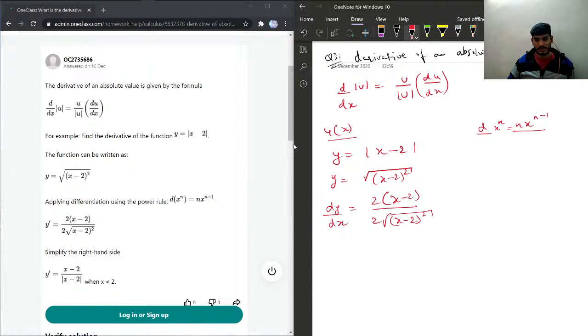Then we just simplify, cancel, and magnitude of u is nothing but under root and square of the u. So this will be like root of x square plus y square plus z square. So this is the way we find the magnitude. So here we have dy by dx, which is u over magnitude of u.